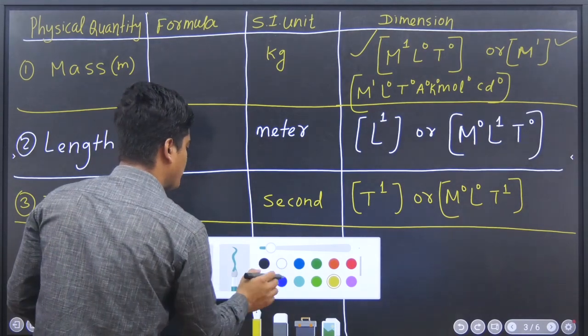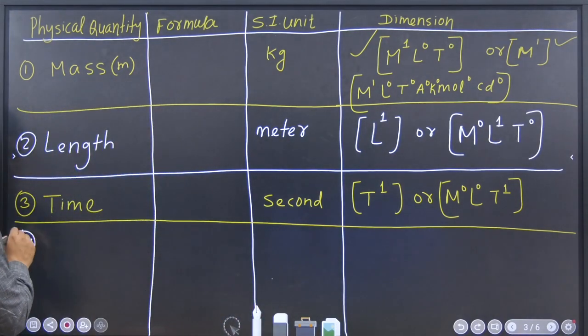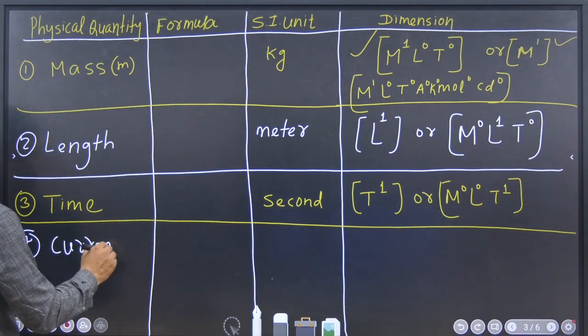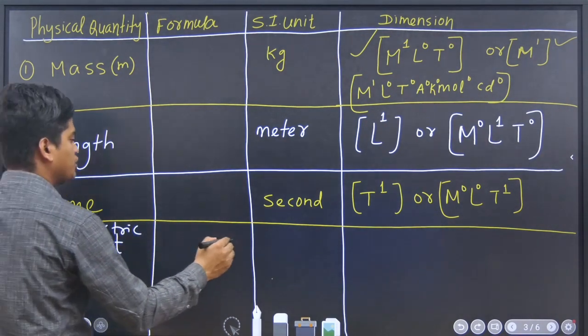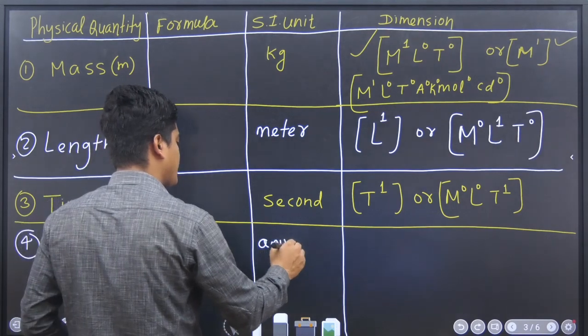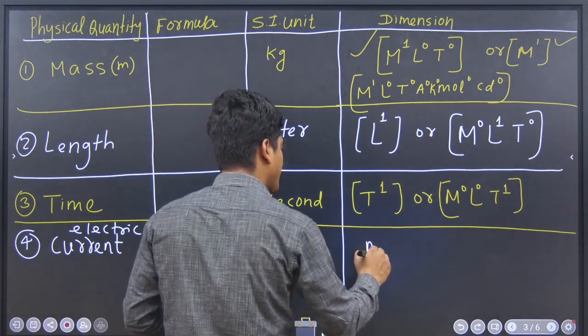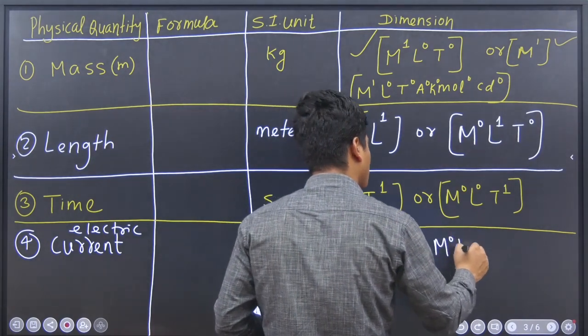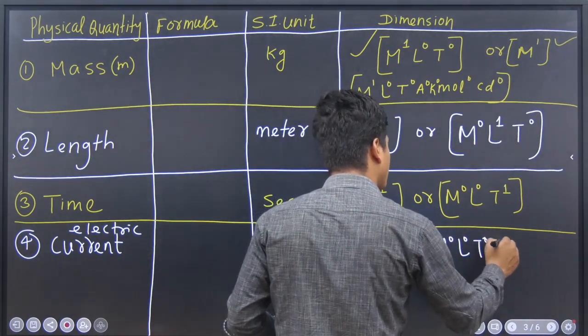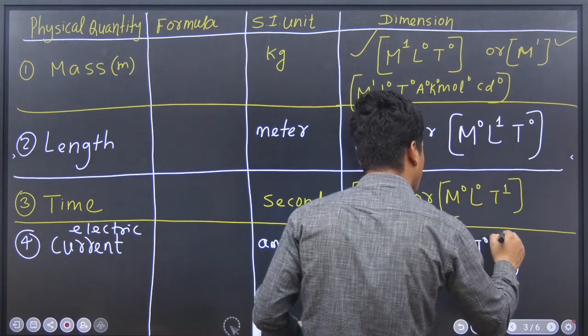We know all the fundamental quantities. Number 4, current, that is electric current. Its unit is ampere. You can write it as A to the power 1, or if you want, you can write M0, L0, T0, A to the power 1. This way also you can write.